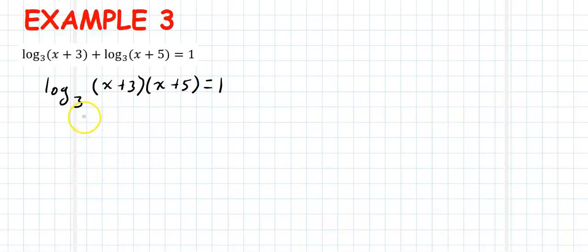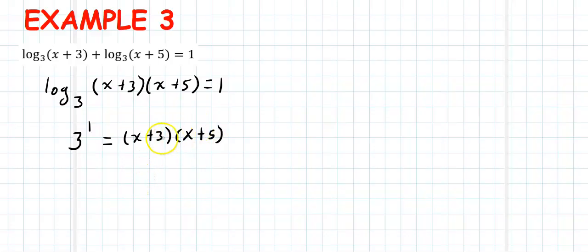Now we need to write the logarithm in exponent form. So the base 3 to the exponent 1 equals the argument, that is x plus 3 times x plus 5.